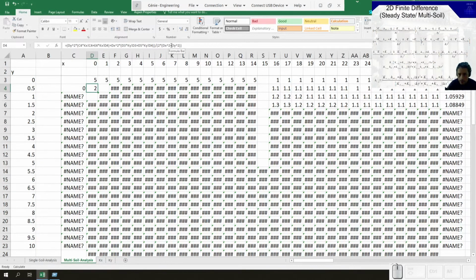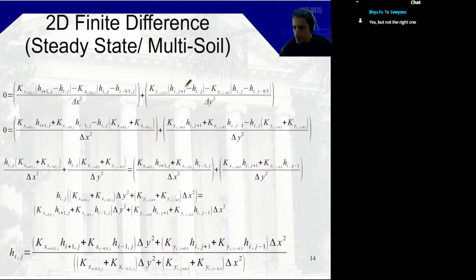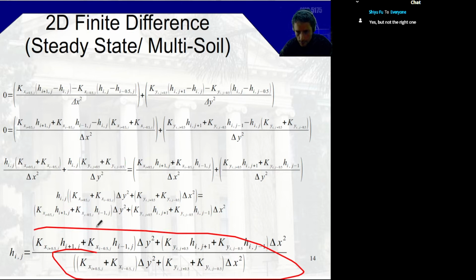We have to work on the bottom part of the equation, and the bottom part of our equation is given to us by this term here. So we have the delta x and delta y squared.